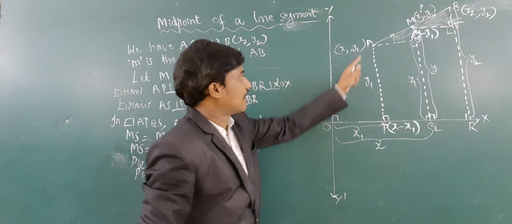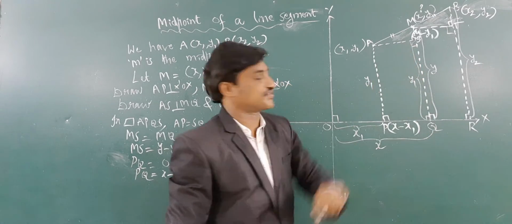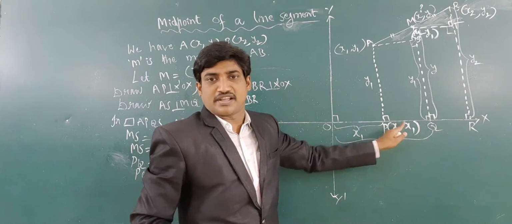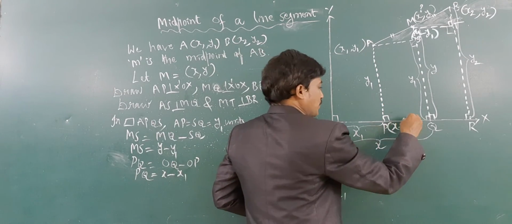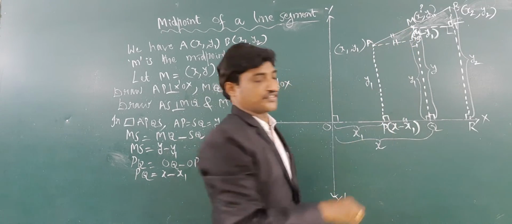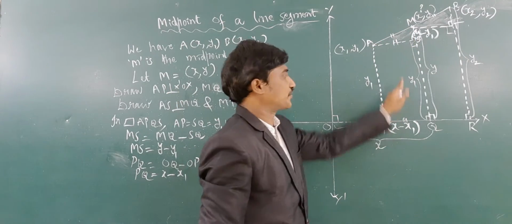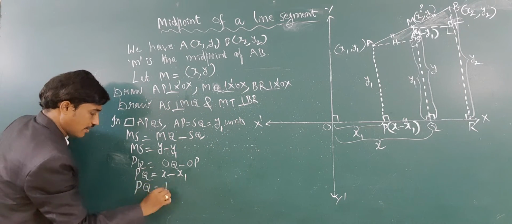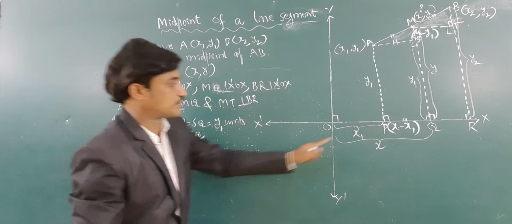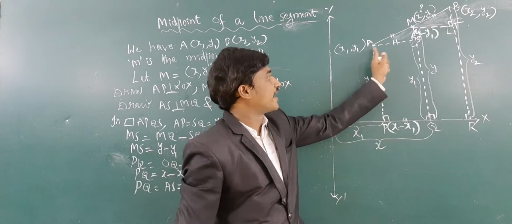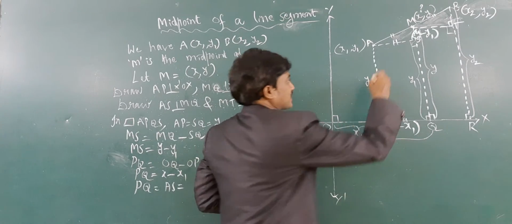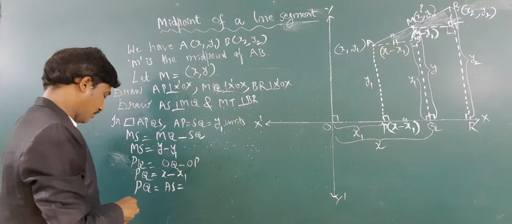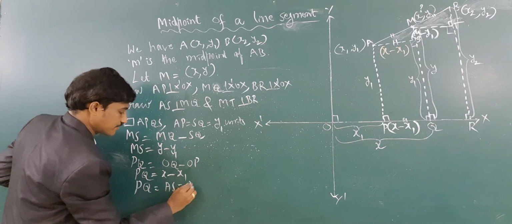Here in rectangle APQS, opposite sides are parallel and equal, so PQ is equal to AS. As PQ is x minus x1 units, AS is also x minus x1 units.